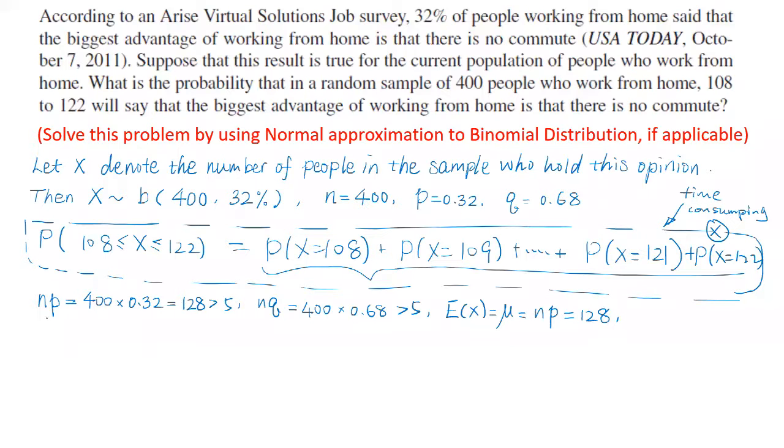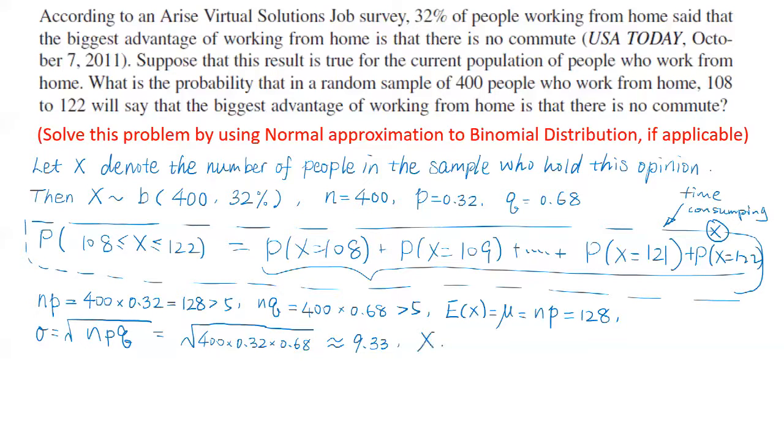Next we need to calculate sigma. Sigma is the square root of NPQ, which is approximately 9.33.